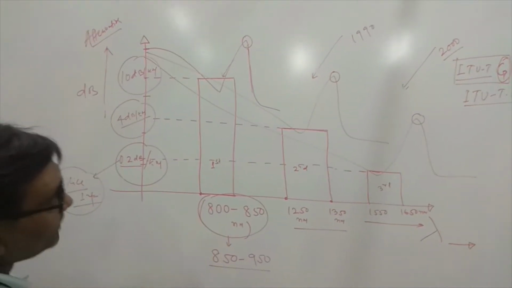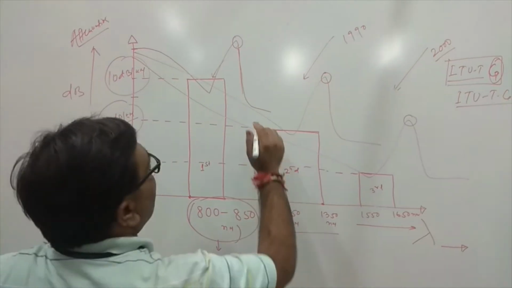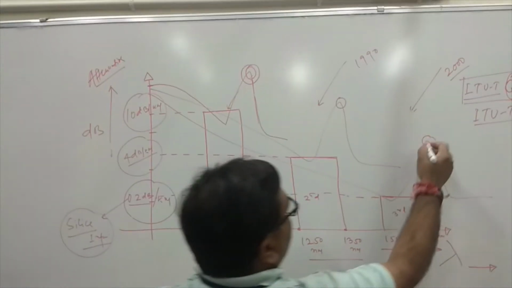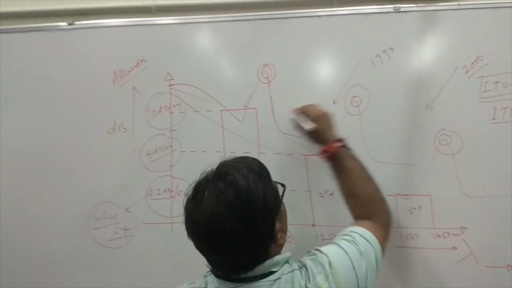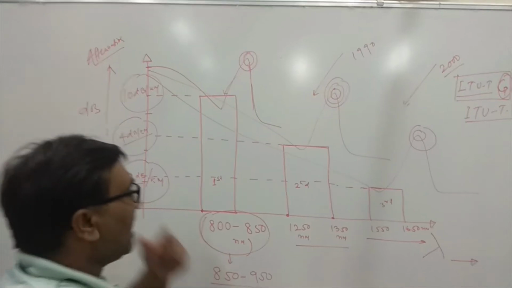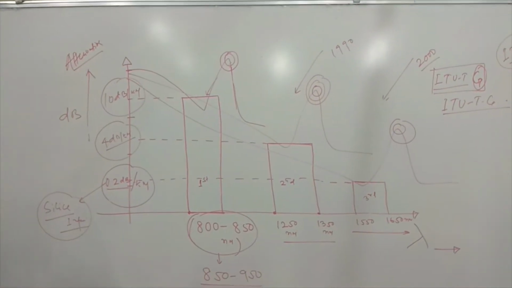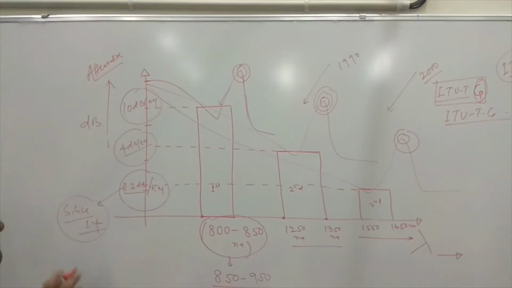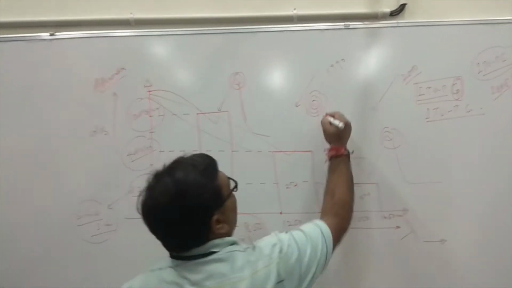But at the same time, you also observed there is a peak in the first window, in the second window, in the third window. In every window there is one peak that appears just after the window, right? Near about the window. Why does this happen? In the last class, I was explaining some basic concept about OH minus ions.